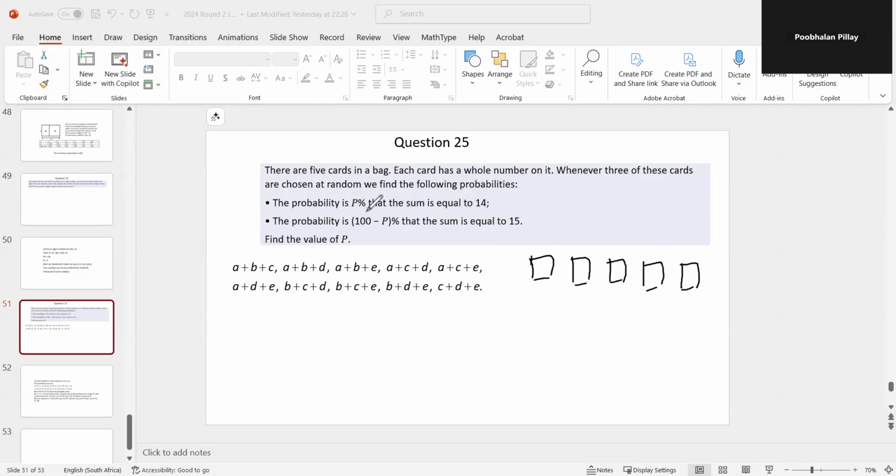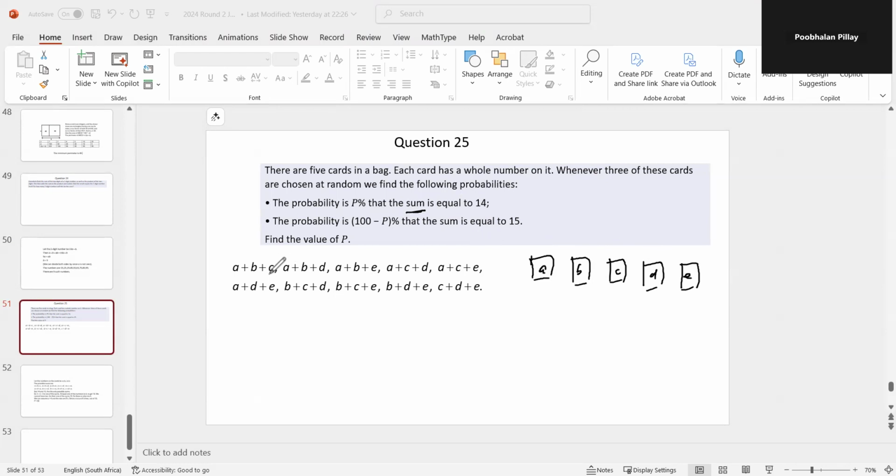The probability of P% is that the sum is equal to 14. Okay, let's call these numbers A, B, C, D, E. So we pick any 3 of these at random, and then we calculate the sum of these 3 numbers, right?